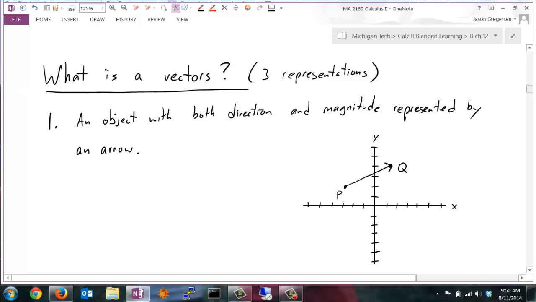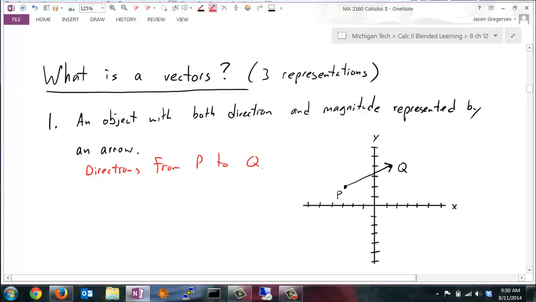And so how do I mathematically represent this thing? One way to think about this representation of vectors is that it is the directions from P to Q. So if I was standing at P, how would I get to Q? That would be described by this vector.